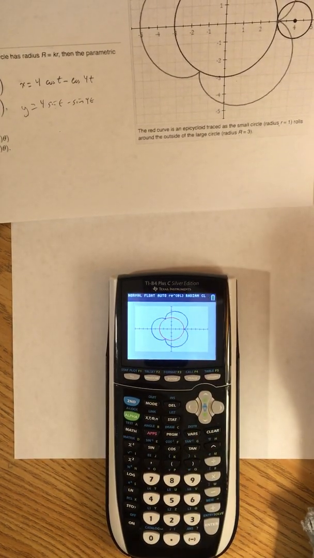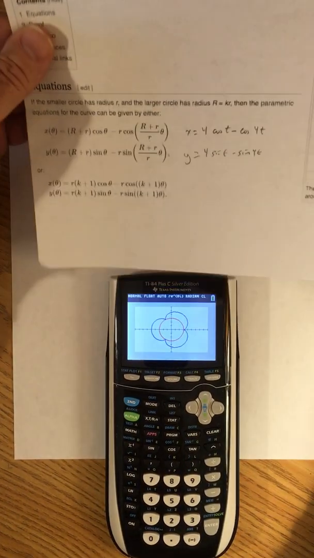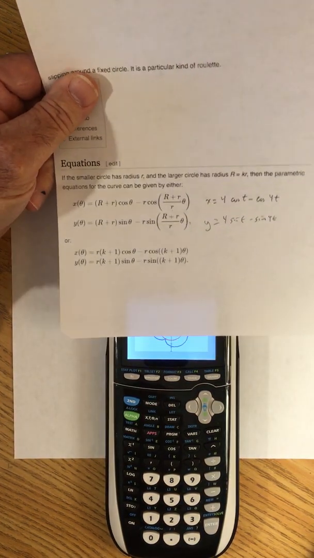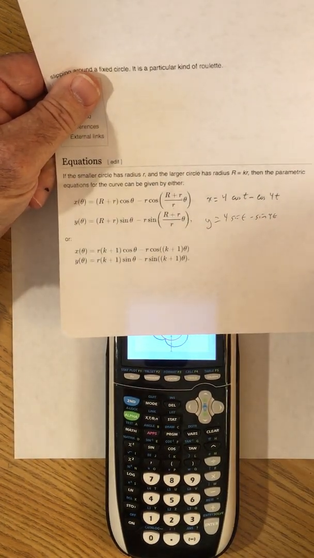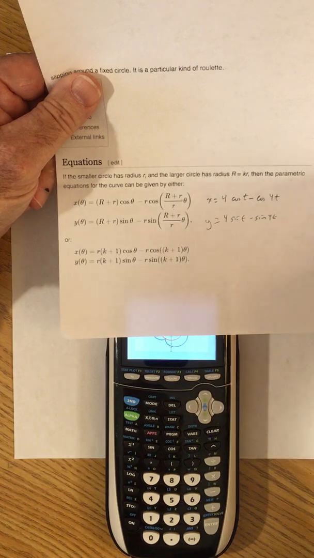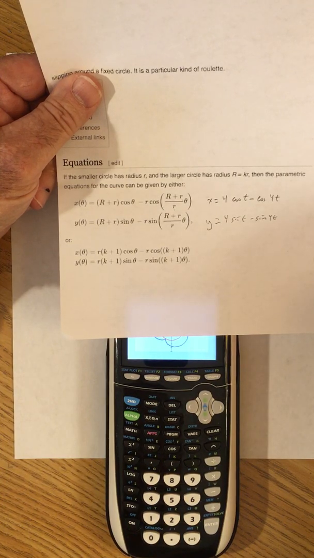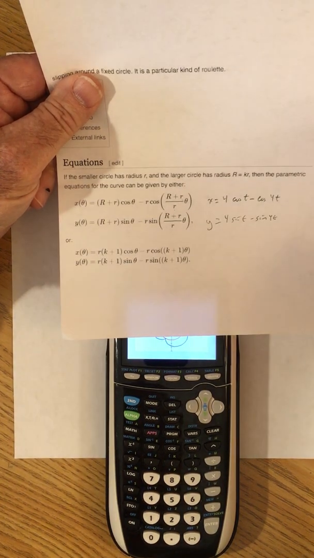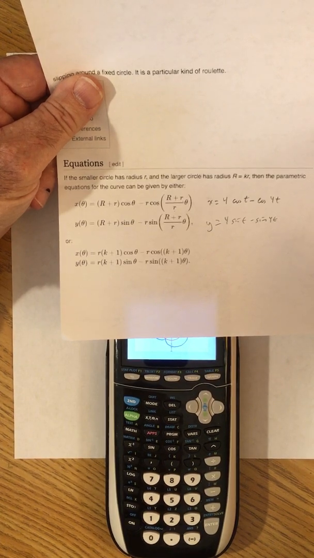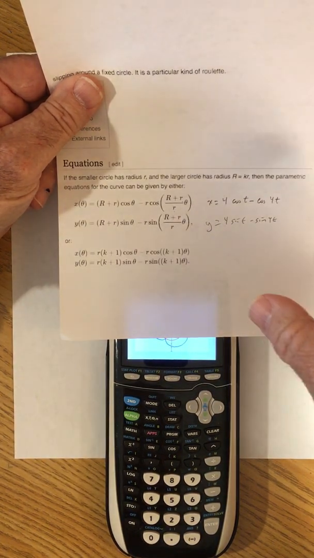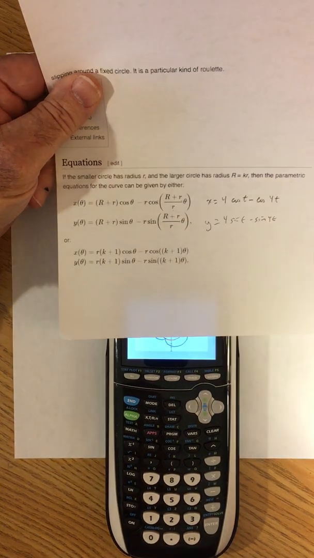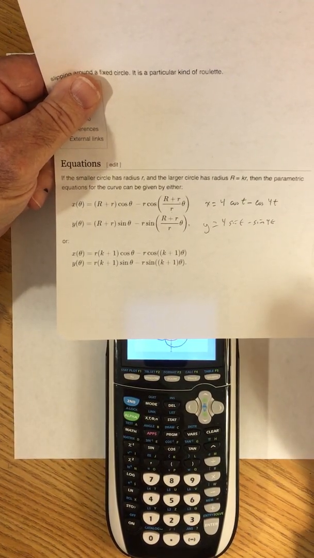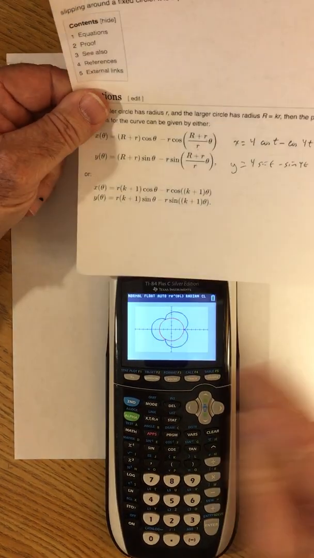Okay. All right, just to show you how these formulas work, we could make this so that if we went with a 4 to 1 ratio on the large to the small, then we'd have 4 cusps, they're called, as it rolls around the circle. Well, that won't alter this too much, really.